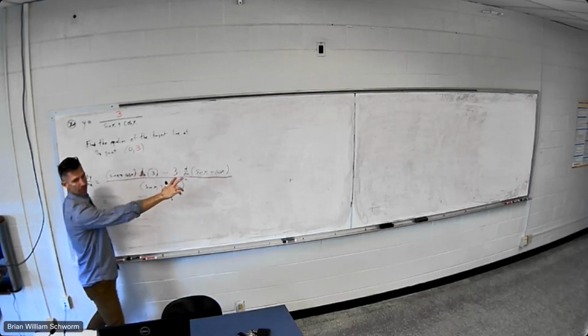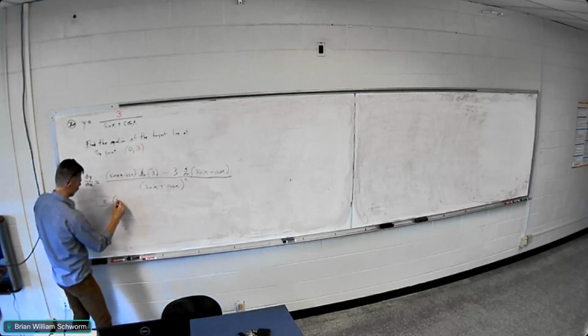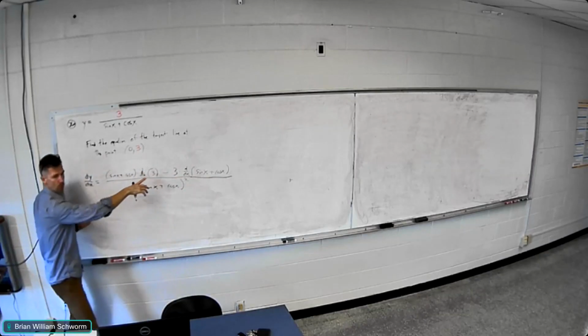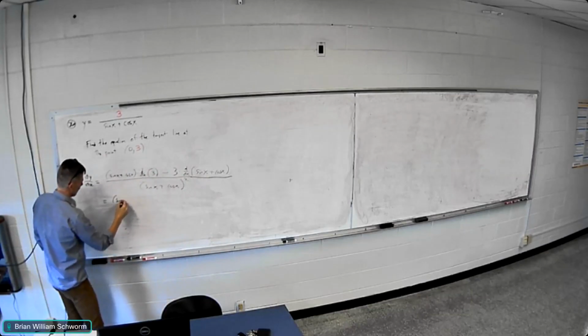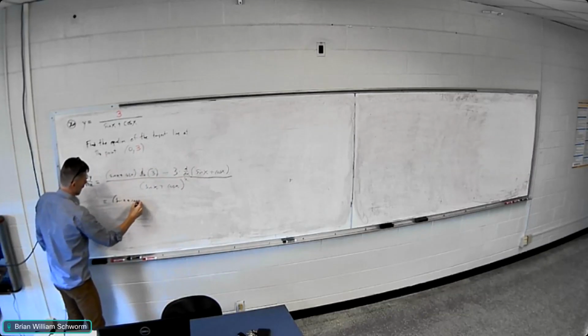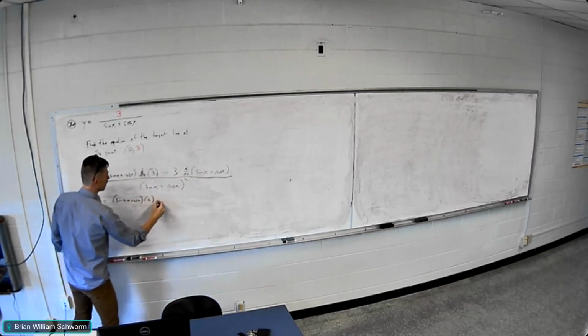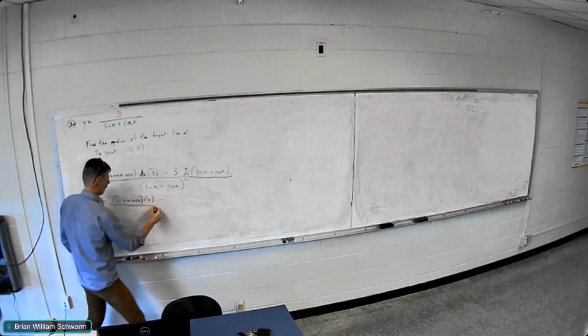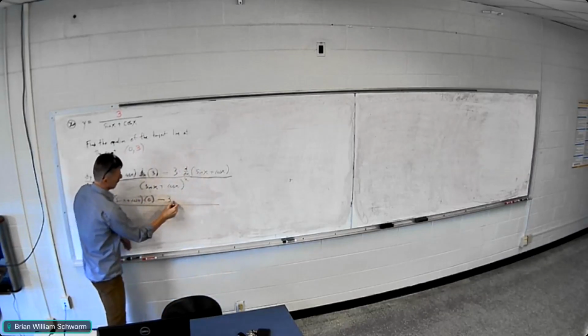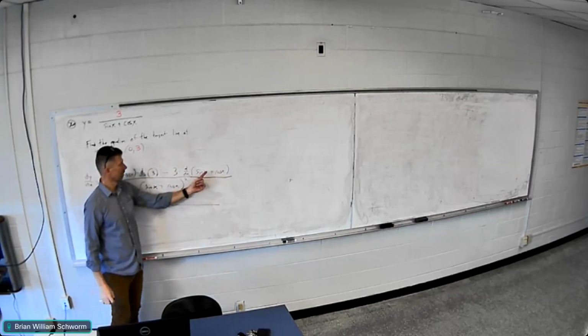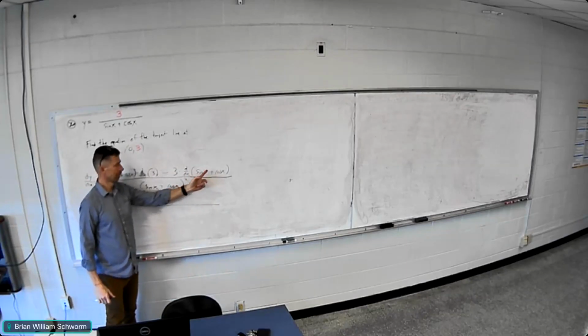Now for these individual derivatives in the quotient rule there, the derivative of 3, 3 all by itself, is 0. It's a constant, so the derivative of that is 0. Sine of x plus cosine of x times 0, minus 3 times the derivative of sine plus cosine. So we've got two terms here.